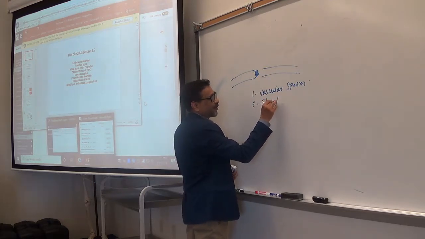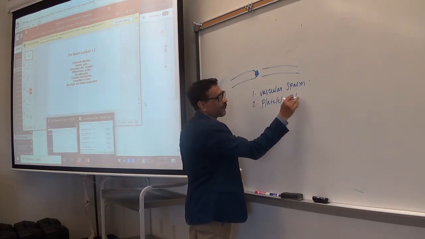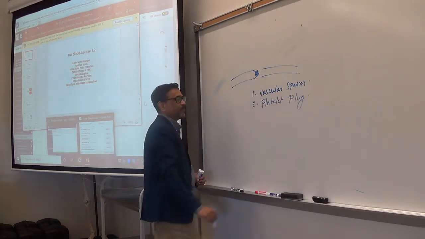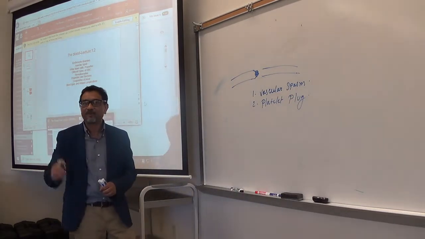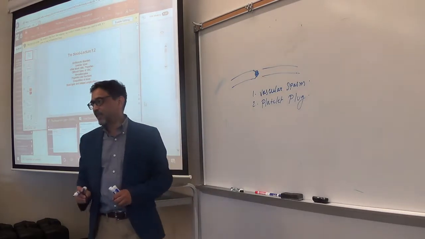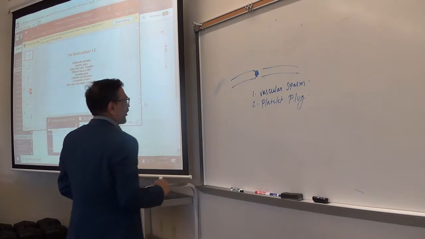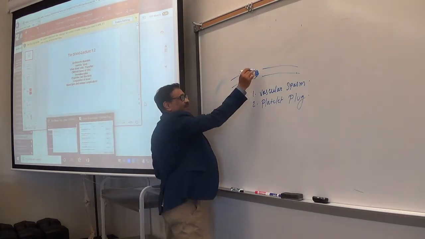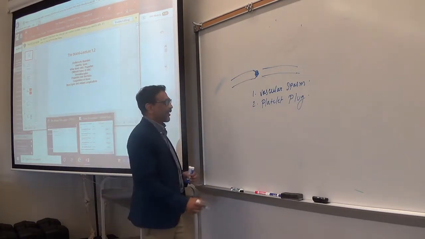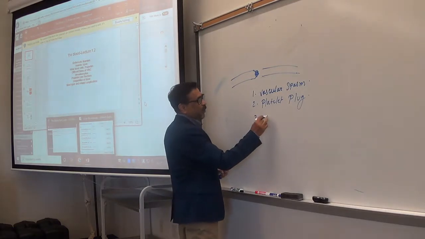Platelet plug. Formation of platelet plug. Okay? So platelets will get together and will make a plug to seal the opening. And then number 3 is coagulation.